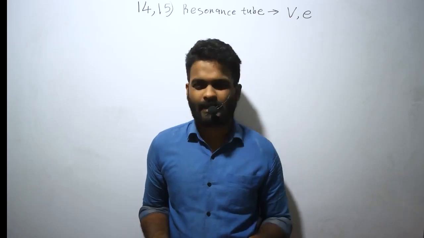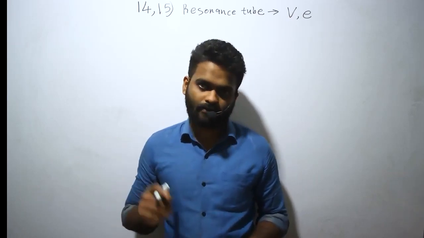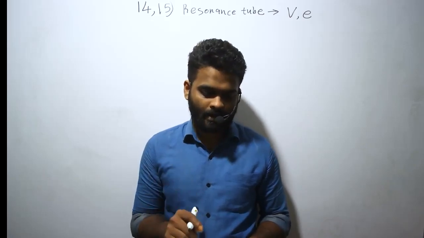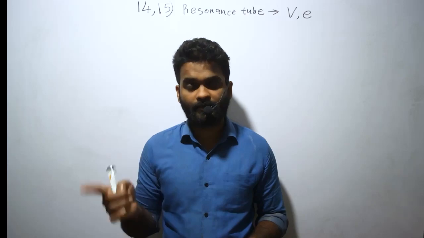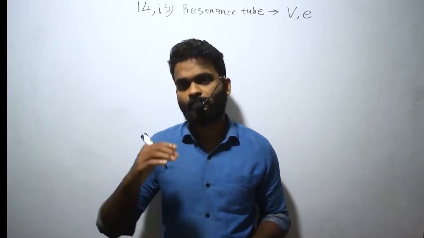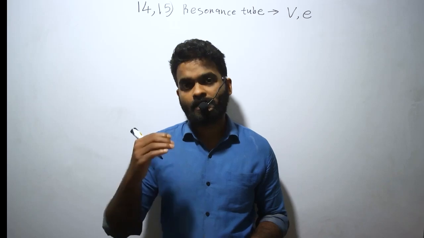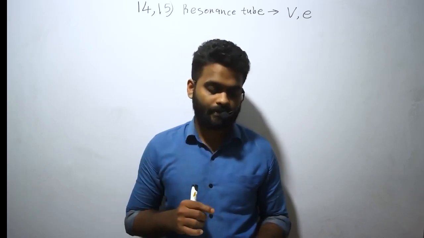It will be less accurate because we are not using a graphical method. But in the 15th experiment, we will be using a graphical method. For that, we will need a set of tuning forks instead of just one fork.